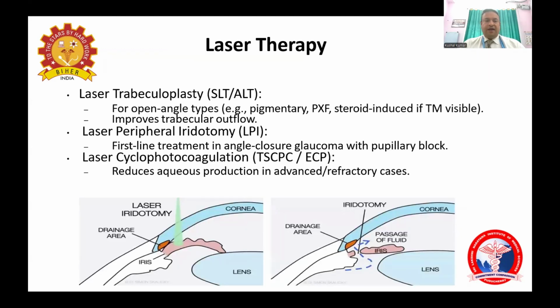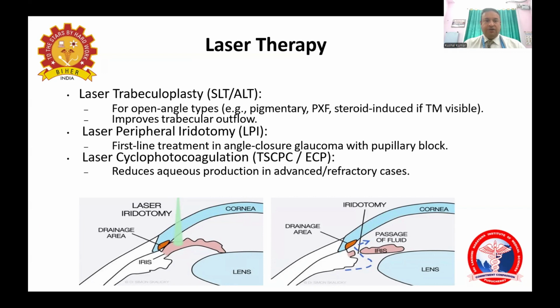Laser therapy. Of late, there's been an advent of the use of lasers in the treatment of secondary glaucoma. So what one could use is a laser trabeculoplasty, selective or scanning laser trabeculoplasty for open angle types. For example, pigmentary glaucoma, pseudoexfoliation, and steroid-induced glaucoma if the trabecular meshwork is visible.